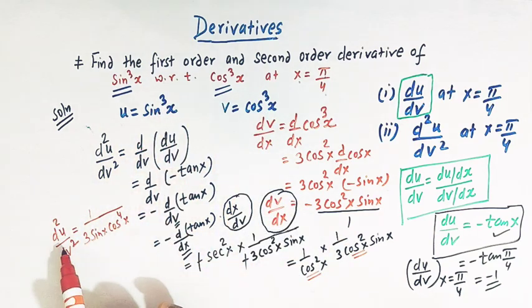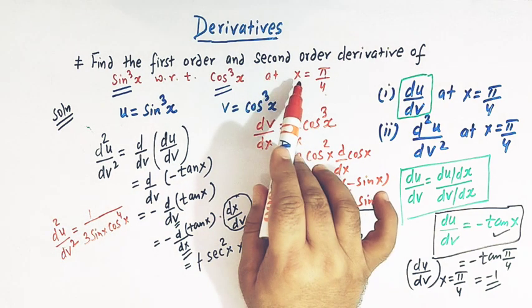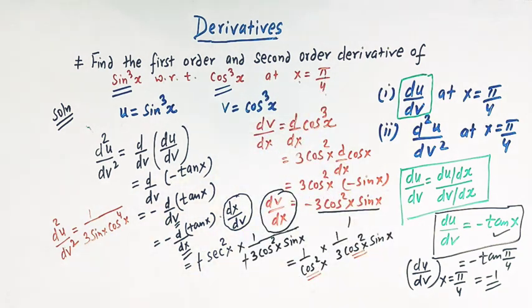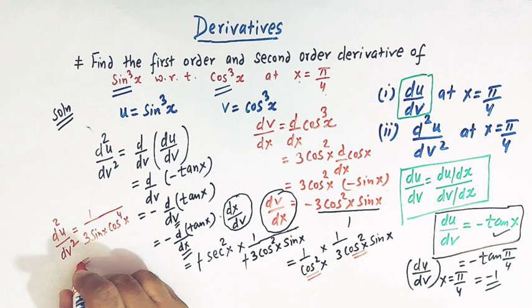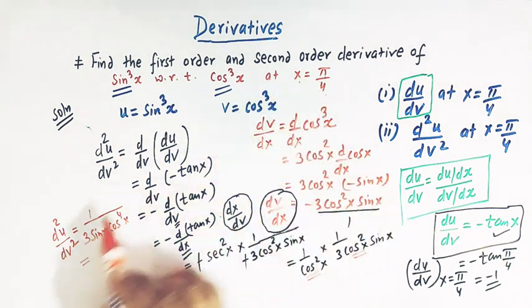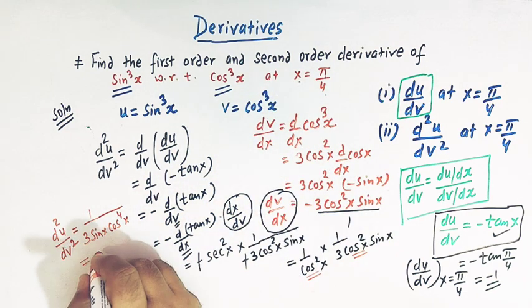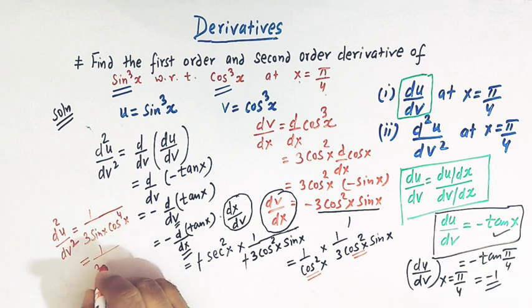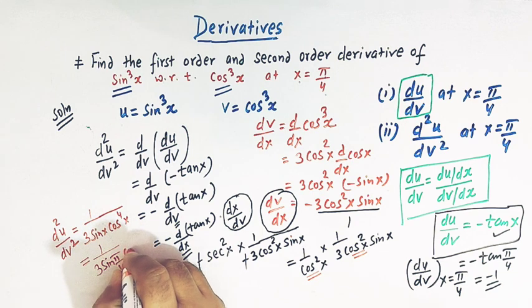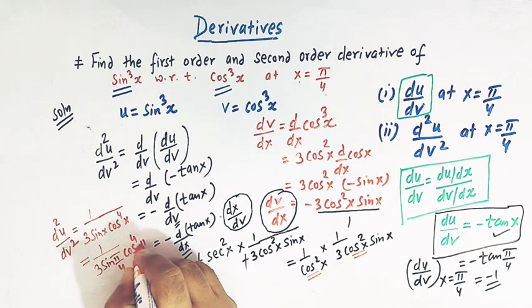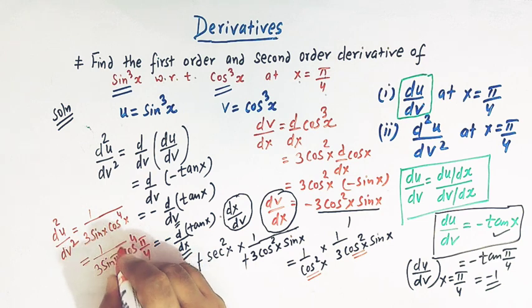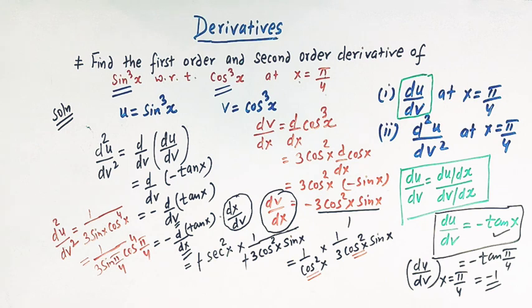Now we have to find the second order derivative at x is equal to pi by 4. So what we will do, we'll substitute x is equal to pi by 4 in this expression. So we have 1 over 3 sine pi by 4, and here we have cos to the power 4 of pi by 4, right?